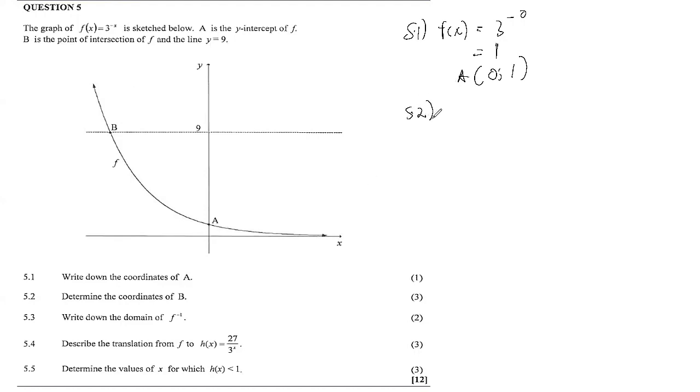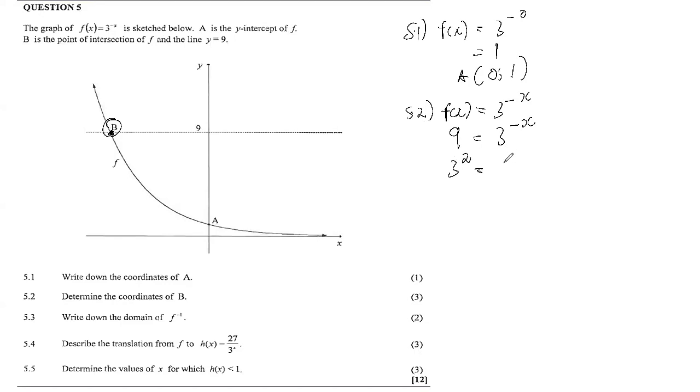Now 5.2 says write down the coordinates of B. We can see that already we have the 9, and B is situated on the graph of f, so we can use the graph of f to calculate the x coordinate of B. Then f of x equals 3 to the exponent of negative x. In the position of f of x, we put 9, so 9 equals 3 to the exponent of negative x. Remember, we are working with exponents, so we can write 9 in terms of exponents, base 3.